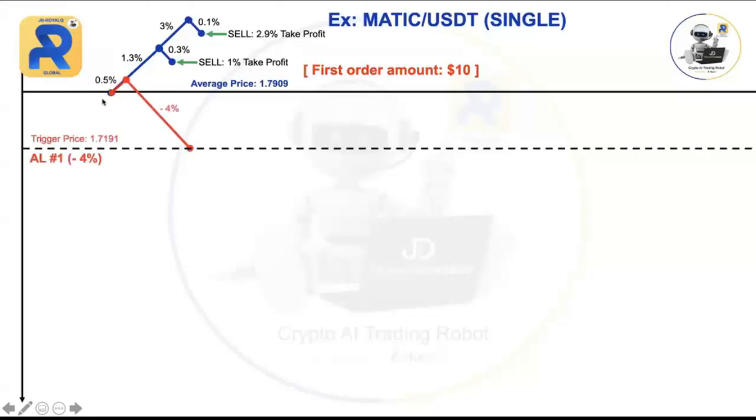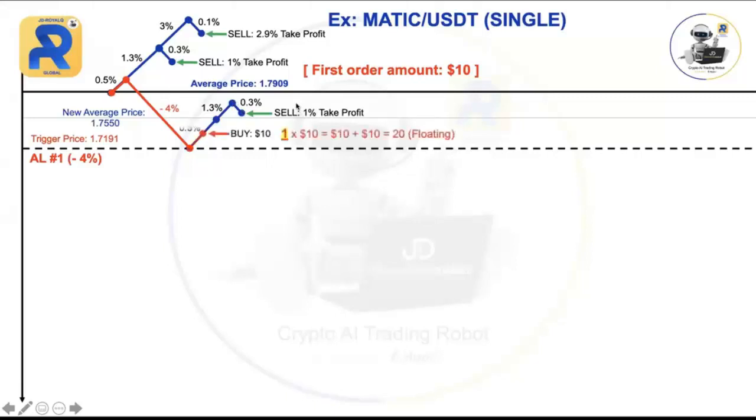Now, can you see the market goes up by 0.5 and it comes down by 4%. So it will hit my first call. When it hits my first call, there will always be a new average price, and from that average price, it has to go 1.3 and come down 0.3. It will then take the profit here.